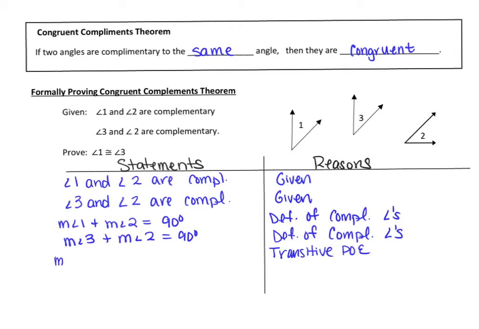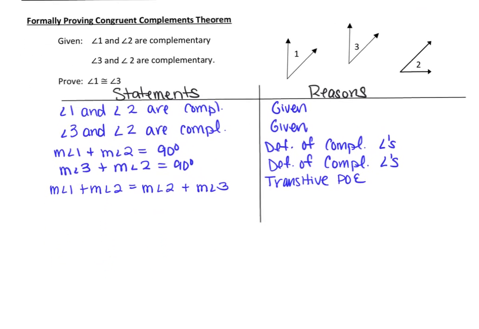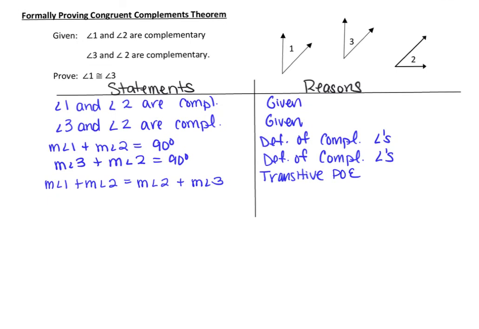So now I can say that the measurement of angle 1 plus the measurement of angle 2 is equal to the measurement of angle 2 plus the measurement of angle 3. And I can say that because they are both equal to 90 degrees. So if this one is equal to 90 and this one's equal to 90, that means I can set them equal to each other. And now this looks just like the one we did on the last slide.